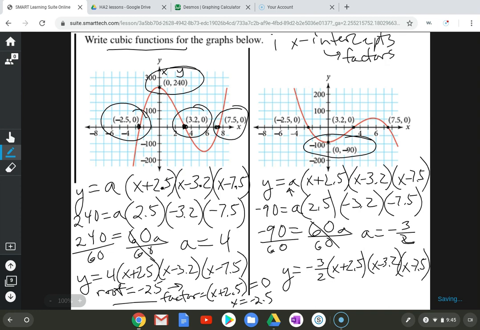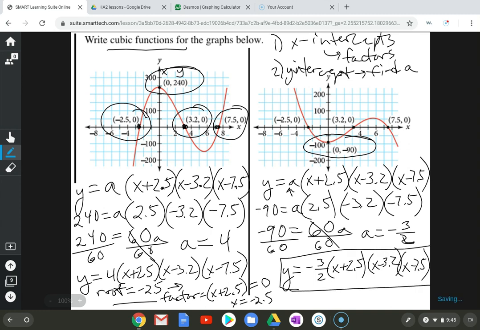So step 1, take a look at your x-intercepts, convert them to factors. Step 2, you're going to find your scaling factor. Use the y-intercept to find a, which we can call our dilation factor or our scaling factor.